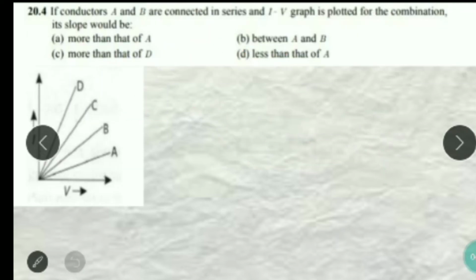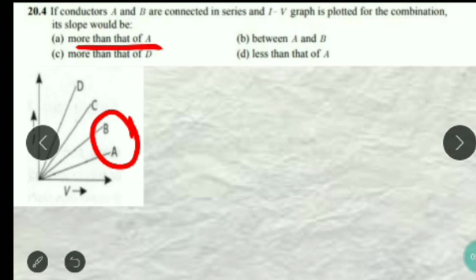Moving ahead. Now if the question is saying, if the conductors A and B are connected in series and IV graph is plotted for the combination. अब उन्होंने बोला A और B किस में कनेक्टेड हैं? सीरीज में। ऑलरेडी हमें पता है A का सबसे ज़्यादा रेजिस्टेंस है, B का भी अच्छा खासा रेजिस्टेंस है। अब उन दोनों को सीरीज में ज्वाइन कर लिया। सीरीज में ज्वाइन करने के बाद रेजिस्टेंस और ज़्यादा हो जाएगा। अब जब रेजिस्टेंस और बढ़ गया है तो हमें स्लोप कैसा देखने को मिलेगा?